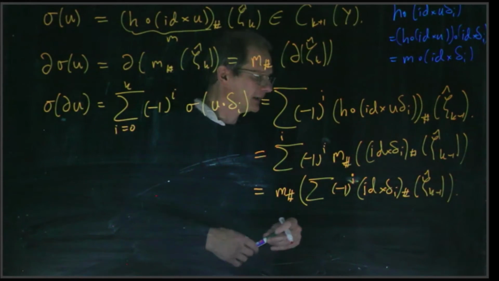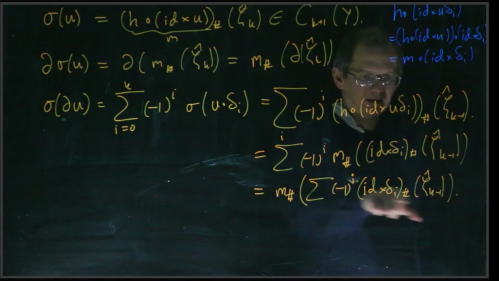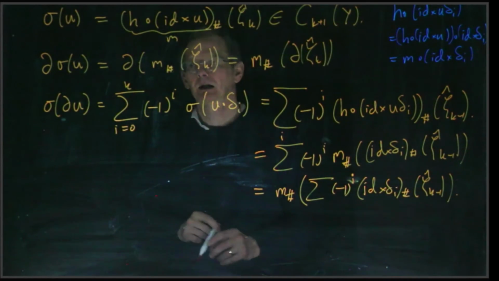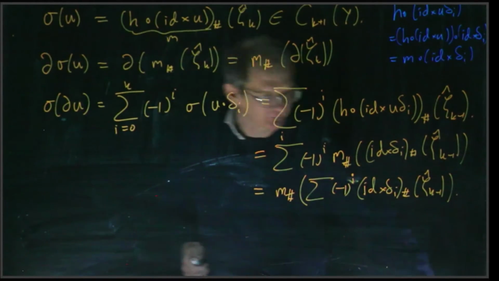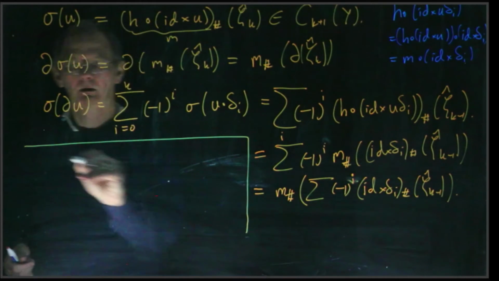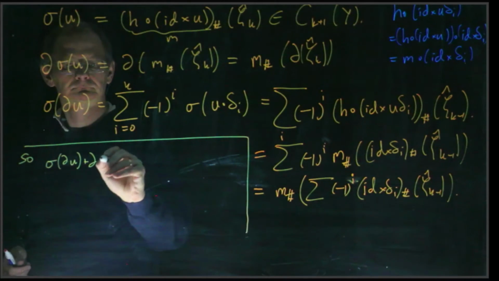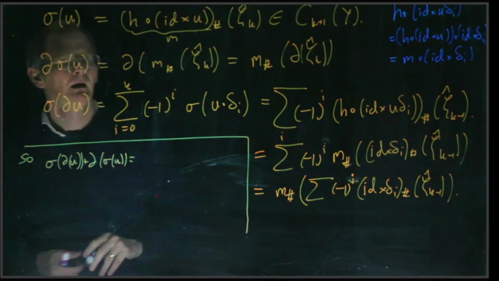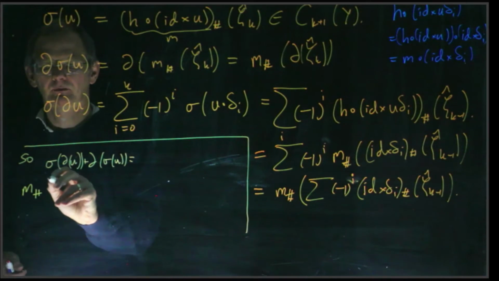Okay, so now the point is, this expression here was part of the identity with which we started this video. So if we add together these two terms, everything involves this M hash.